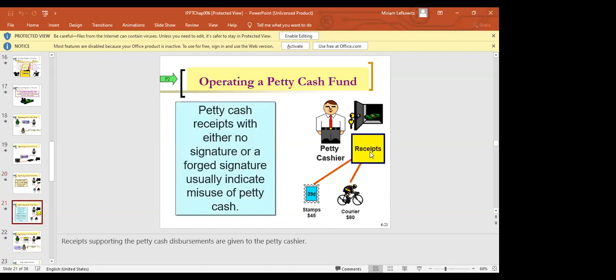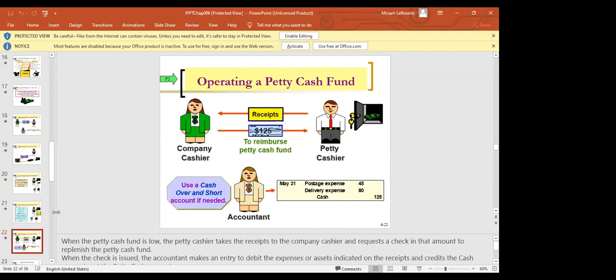Okay, so these are receipts that go in the box, and you know what the money was spent for. Of course, there should not be any forgeries. Everything should be signed and pre-numbered. So we have receipts for 125. Here's your journal entry, postage expense, delivery expense, and cash.